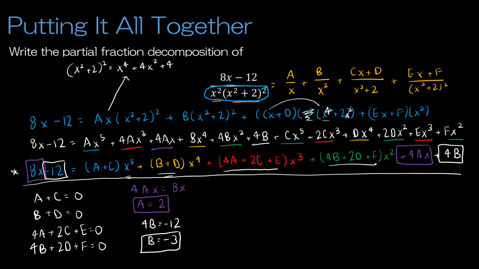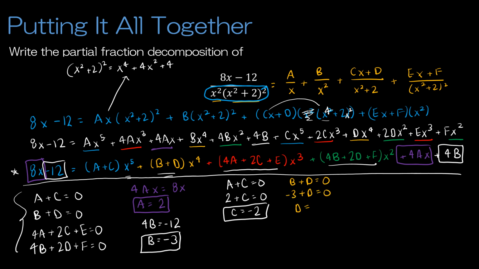And now those earlier equations are going to come into play, because if a plus c is equal to 0, and I replace a with 2, then c is equal to negative 2. And if b plus d is equal to 0 and b is negative 3, then d has to be positive 3.